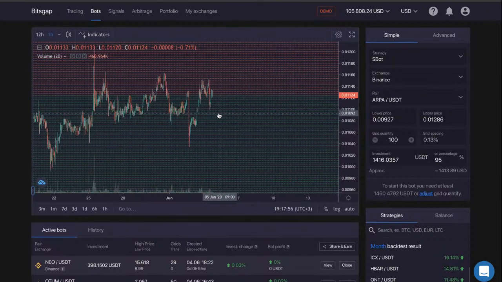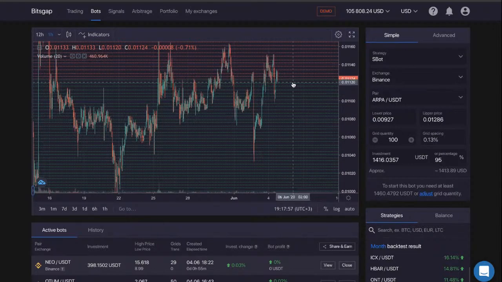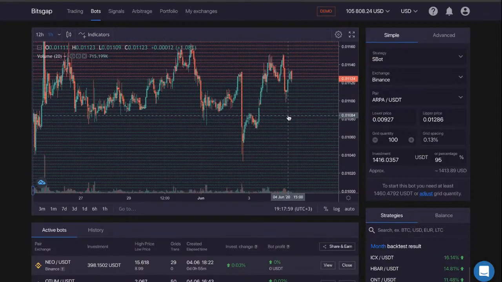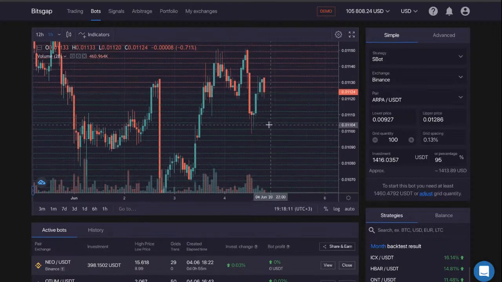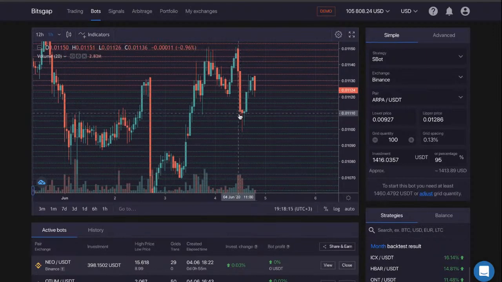So the narrower is the grid spacing, the more chances that the automated trading bot will seize this market swing. All right, so the narrower the spacing, the more chances, once again, to capture all of these movements.